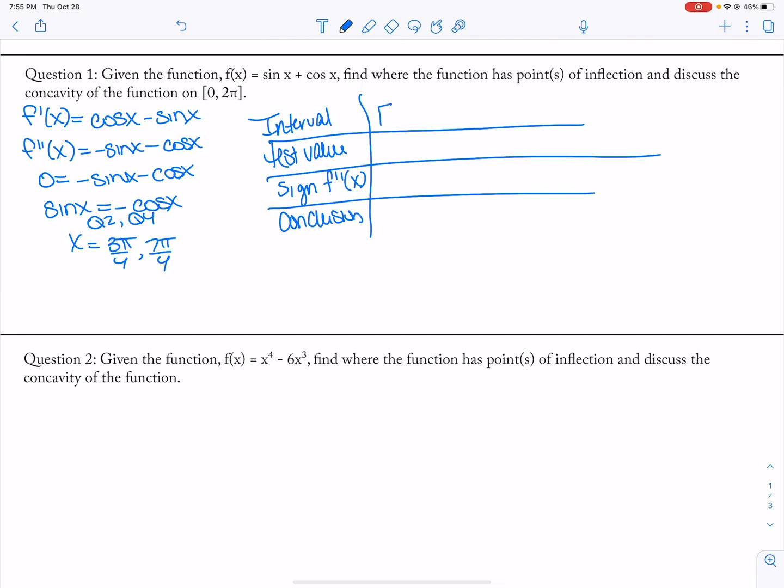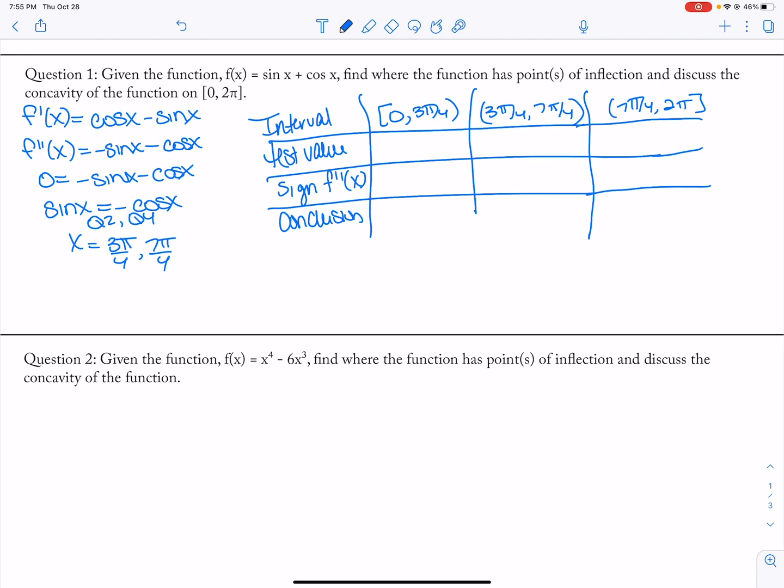I'm going to go from 0 to 3 pi over 4, and then from 3 pi over 4 to 7 pi over 4, and then from 7 pi over 4 to 2 pi. And it is closed brackets at the end. Okay, so I can choose pi over 2, I can choose pi, and I can choose 11 pi over 6.